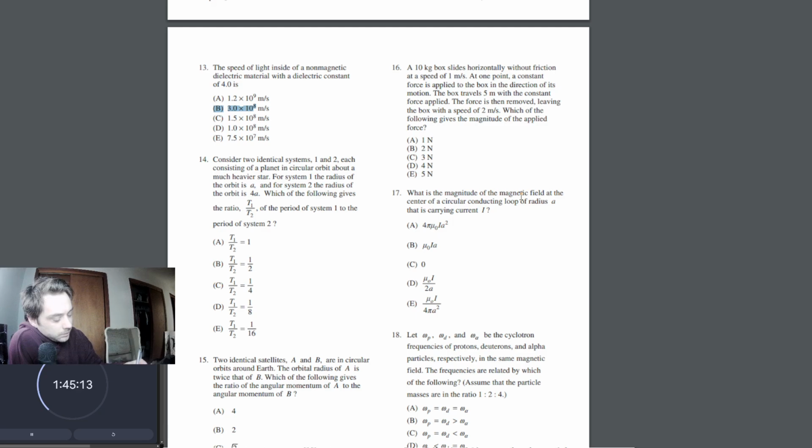Continuous. F equals MA. All right. 5 meters. There's one. And 5 seconds accelerated.